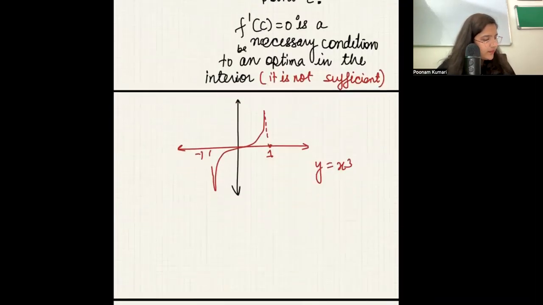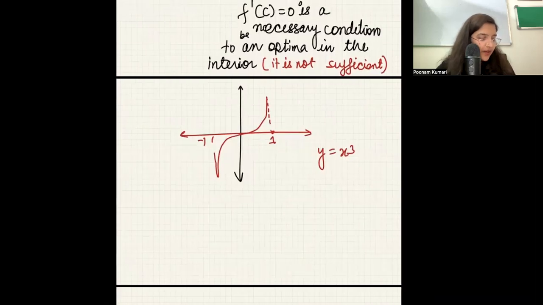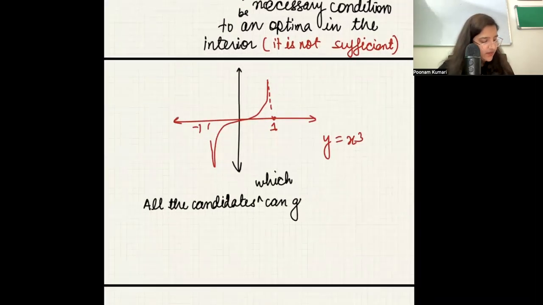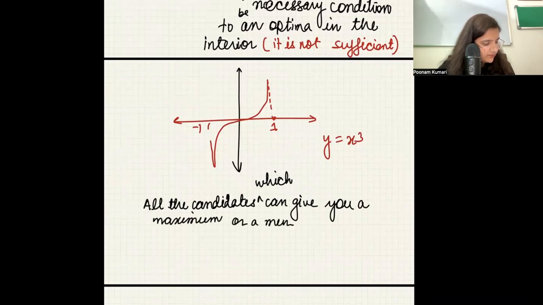So all the candidates which can give you a maximum or a minimum fall in any of these three categories.